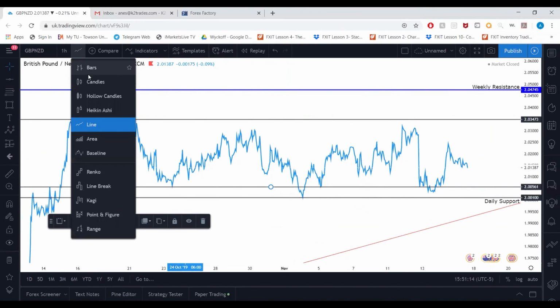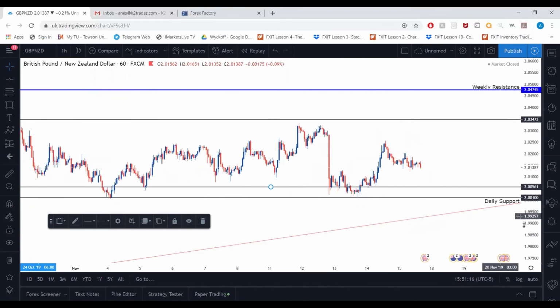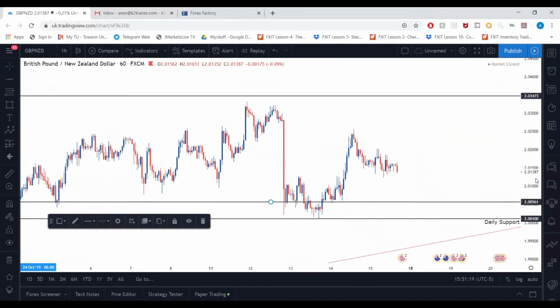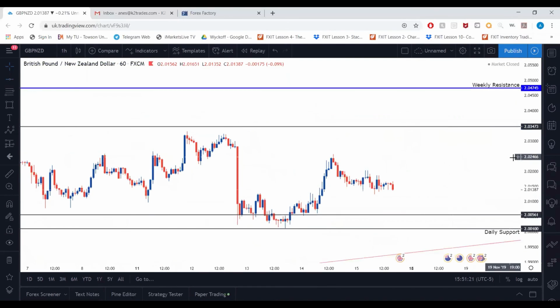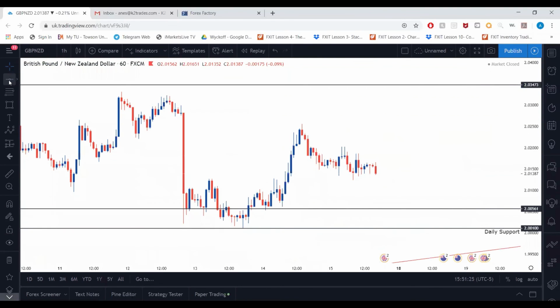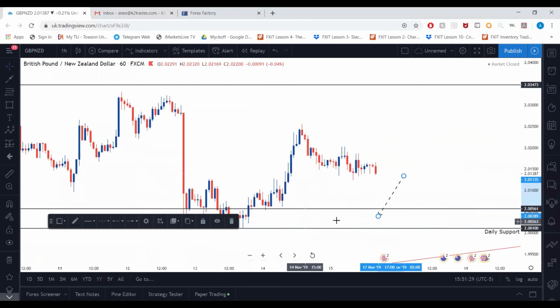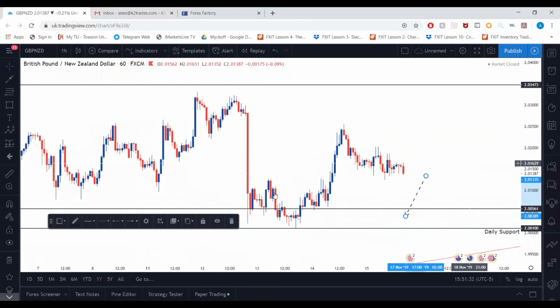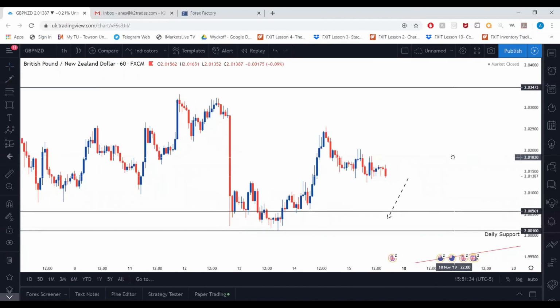I usually don't like to add lines on 1 hour, nothing under 4 hour, but when we don't have much to work with, sometimes that will help. But really, I would like to see a pullback down to this area here, anywhere in here. I'm interested in selling as long as this zone holds.